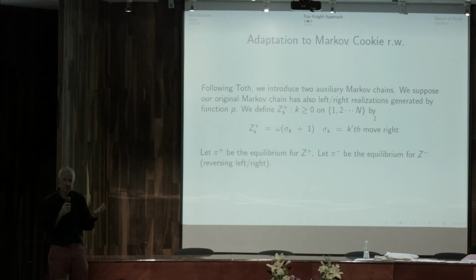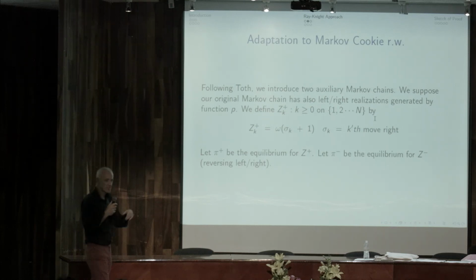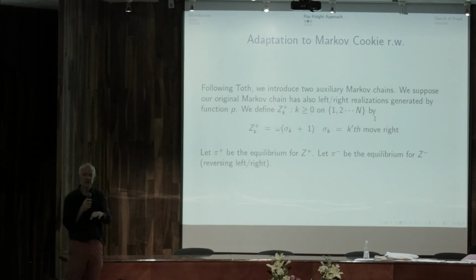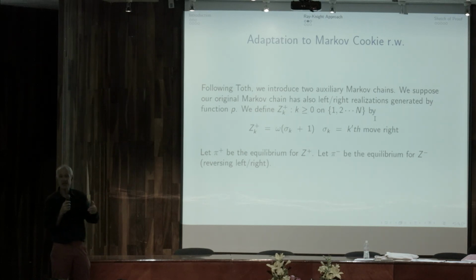A priori, it's just a Markov chain. There are no jumps to the left or jumps to the right. It's just a Markov chain evolving. But I can say I have my function p, and I can add auxiliary random variables, so I can add jumps. If at time 3 I'm at value k, with probability p_k I count that as a jump to the right. With probability 1 minus p_k, I jump to the left.